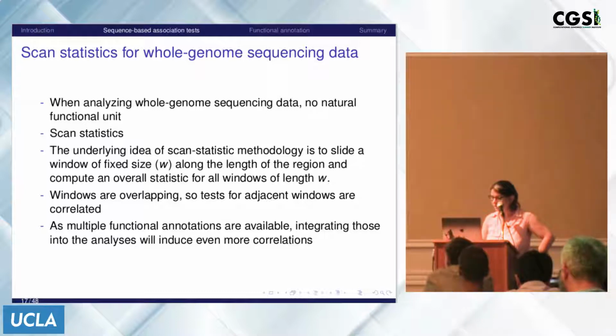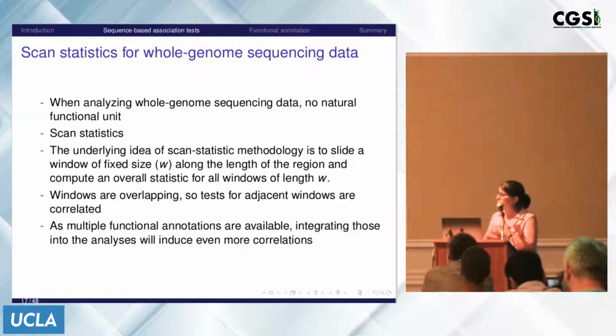Okay, so what I've talked about so far is doing this gene-based or region-based test. Now suppose you are looking at whole genome data, and you're in non-coding parts of the genome, so there is no natural functional unit for analysis. So in that case we're going to do something very natural.